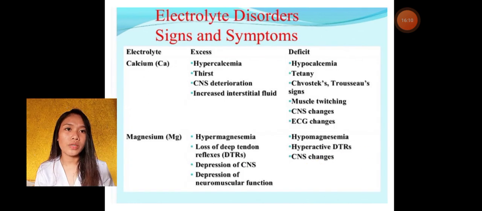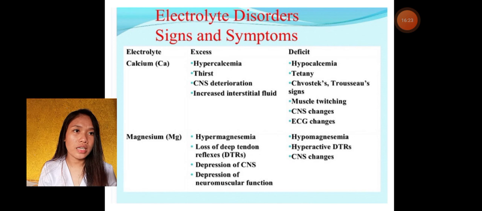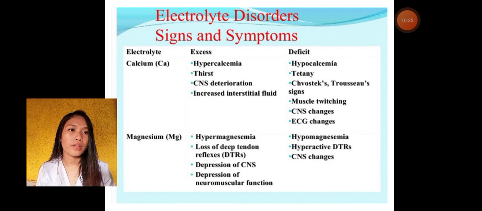In calcium, hypercalcemia: thirst, CNS deterioration, increased interstitial fluid; and in deficit, hypocalcemia: tetany, Chvostek's sign, muscle twitching, CNS changes, ECG changes.